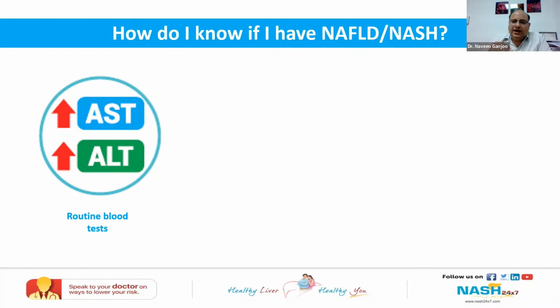If these two are higher than normal, the range is around 40. Actually, if you see very strictly it should be less than 30, but even 40 is taken as okay. But if it is more than 40, you may be having fatty liver disease. You need more evaluation. Of course, if the cholesterol is high, you are diabetic, and you have this AST ALT increase, there is a higher chance that you are having fatty liver.